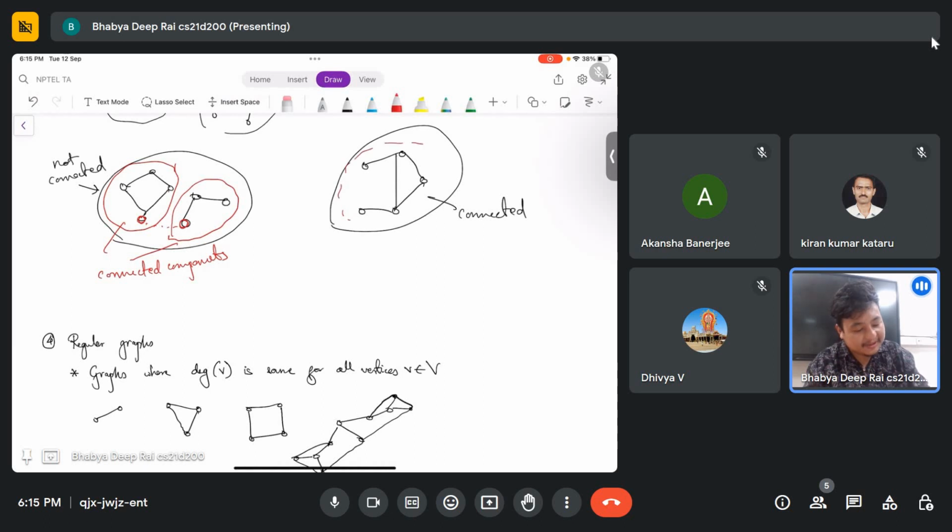How many connected components are here? Only one. How many connected components are here? Two connected components. And a connected graph means only one connected component.